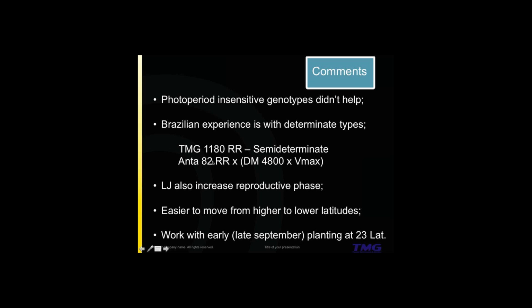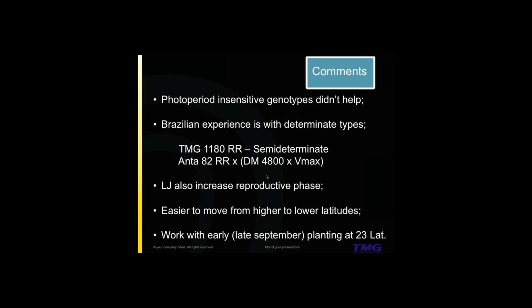One is ANTA 82, and this line in central Brazil is a 7.4 maturity group, but has a very limited planting date. Okay, you cannot plant this line in October, for instance. You have to start planting in November. So we developed this TMG variety that growers can plant anytime. So you can plant even in the beginning of October.